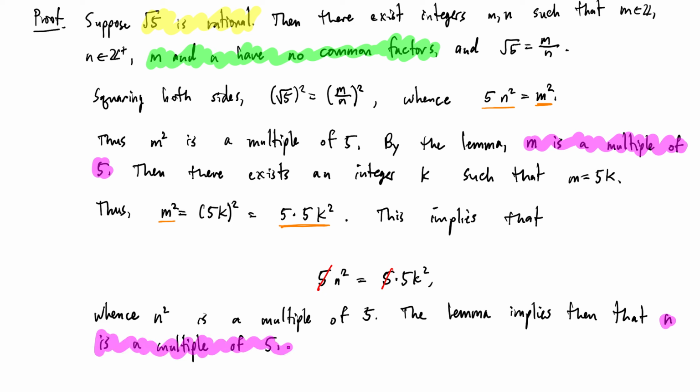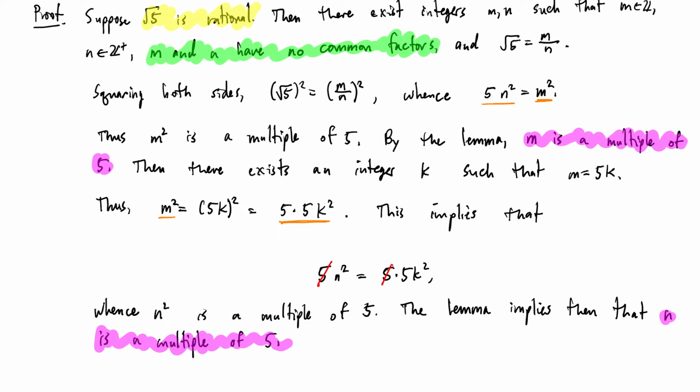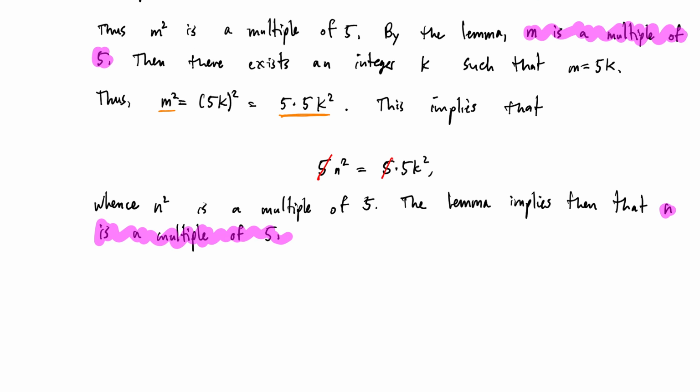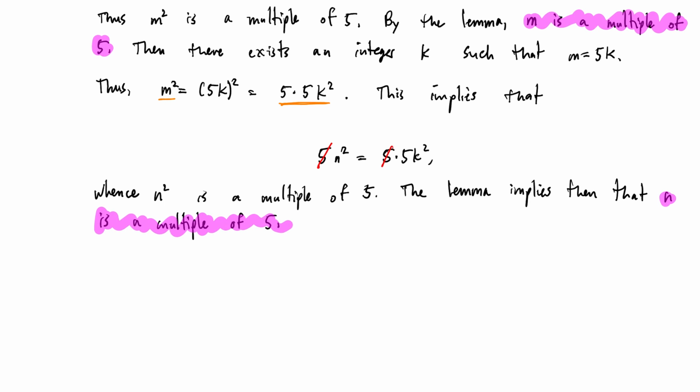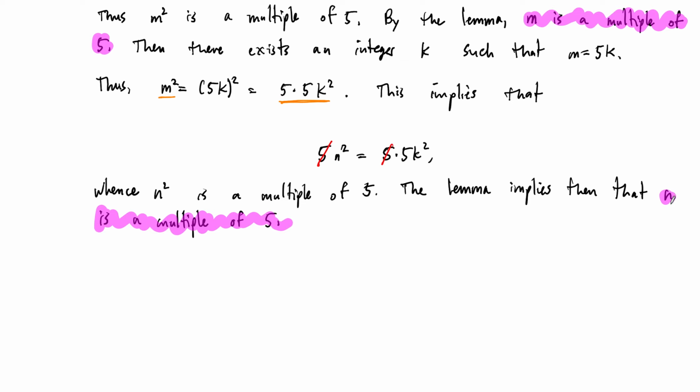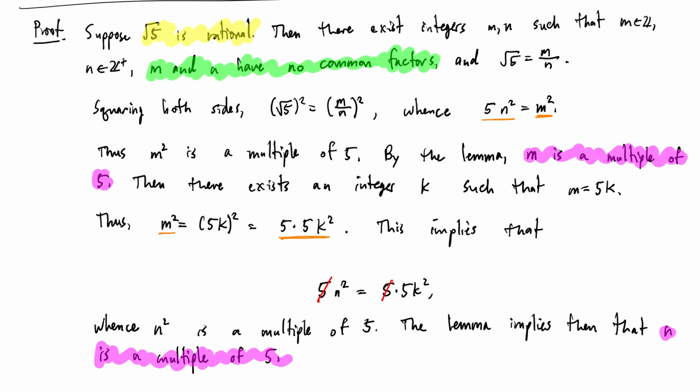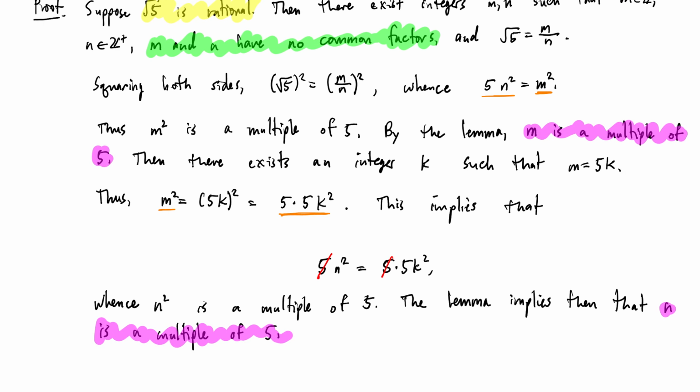So we have assumed, in some sense, well, a consequence of our assumption is that m and n have no common factors, but then the mathematical reality of it, we might say, has led to us showing that m and n do have a common factor. And this is a contradiction. So you cannot say that they have no common factors and that they share the common factor of 5.